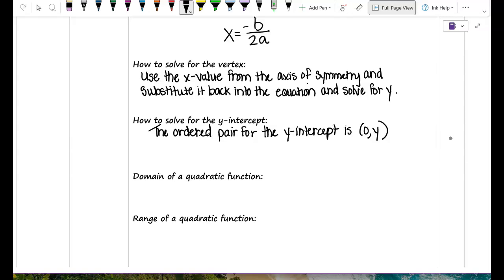To find the y-intercept, I just need to put 0 in for x. That's going to tell me the number. So substitute 0 in for x and solve for y.